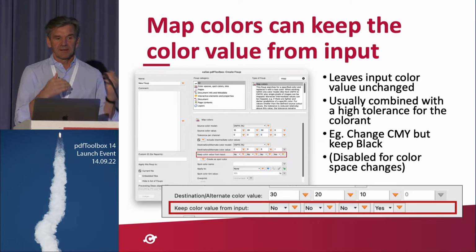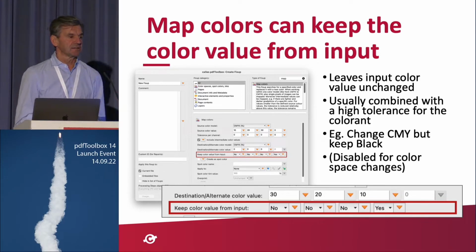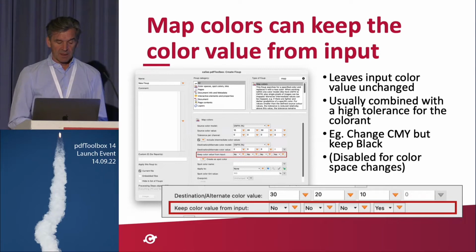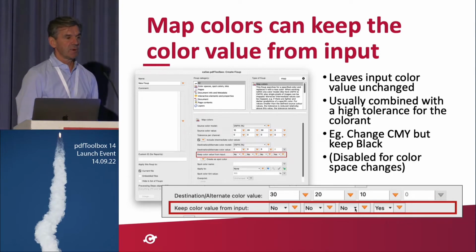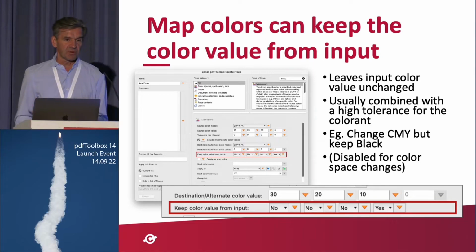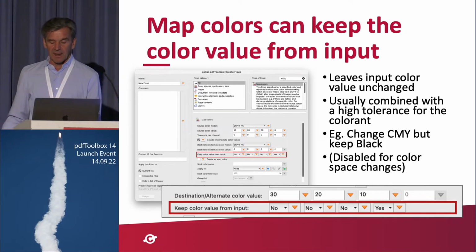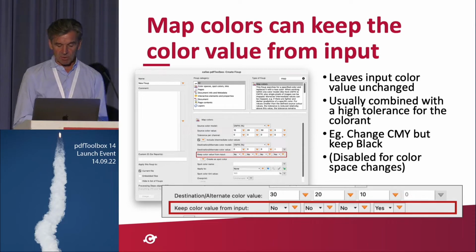So you can say, okay, keep black with the input values, but change cyan, magenta, and yellow. That is possible, and obviously that isn't possible if you do a color space change. If the original uses RGB and the result would use CMYK, then of course there is nothing that you can keep.